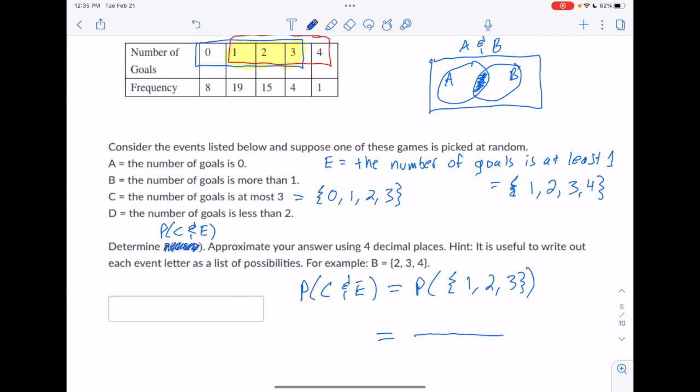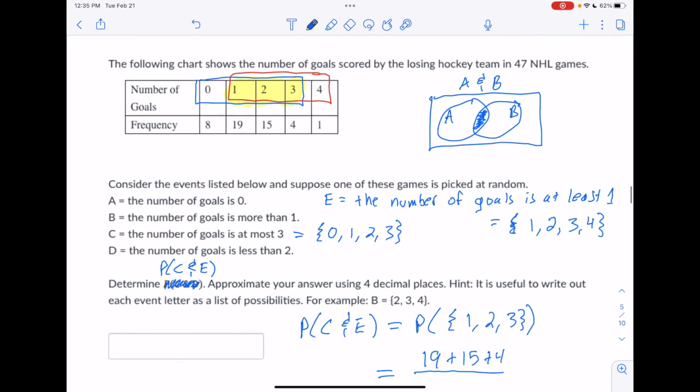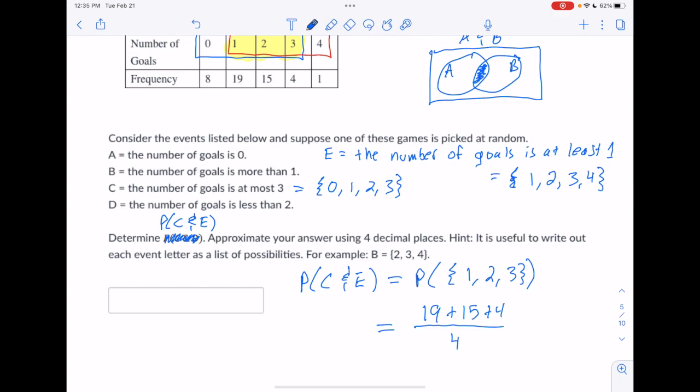How many things are in 1? 19. How many things are in 2? 15. How many things are in 3? 4. And how many did we have total? 47 games. So we want 19 plus 15 plus 4 out of 47.